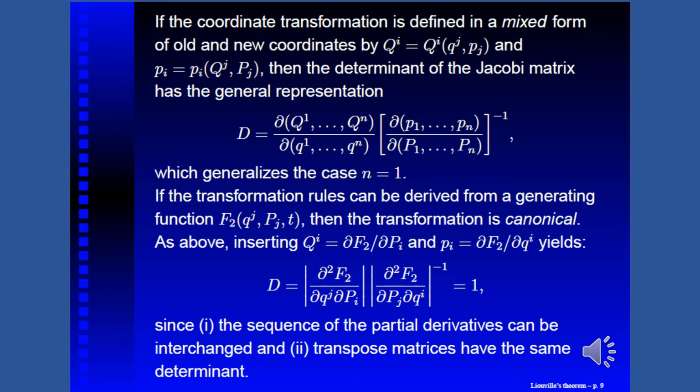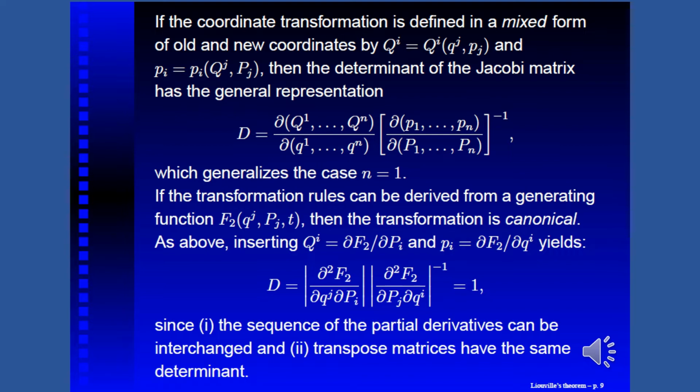If the coordinate transformation is defined in a mixed form of old and new coordinates by capital Qi is equal to capital Qi of (qj, pj) and small pi is equal to small pi of (Qj, Pj), then the determinant of the Jacobi has the general representation capital D is equal to partial (Q1 ... Qn) divided by partial (q1 ... qn) into partial (p1 ... pn) divided by partial (P1 ... Pn), whole power minus 1, which generalizes the case n is equal to 1.